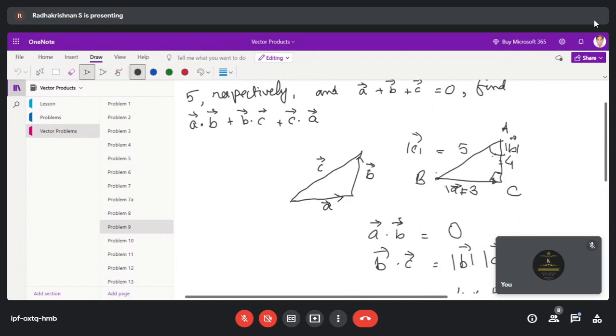The angle from A to B. For B to C, B is in this direction, and C is in this direction. So when you say B to C, this is the angle. Okay. C to A.